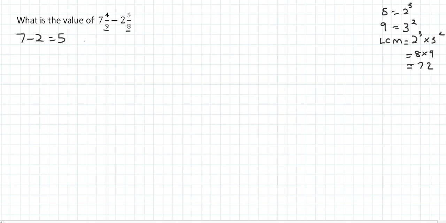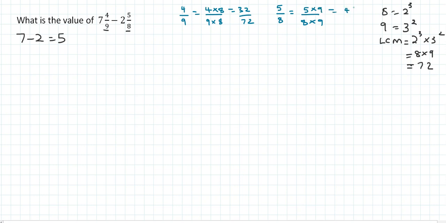So now, what we have to do is rewrite each of these fractions so that they have a denominator of 72. So 4 over 9, we're going to multiply 9 by 8. So we also have to multiply 4 by 8. It's going to give us 32 over 72. 5 over 8, we're going to multiply 8 by 9, and then we multiply 5 by 9.